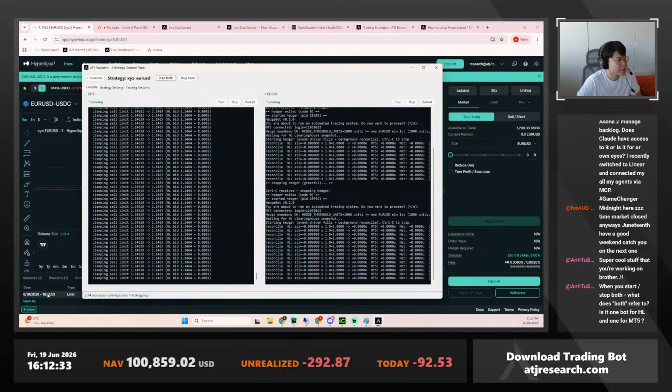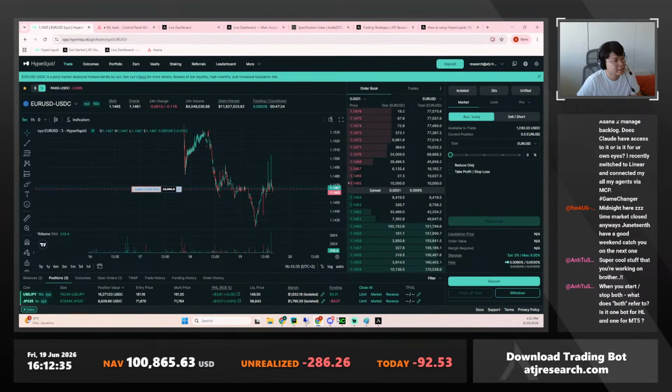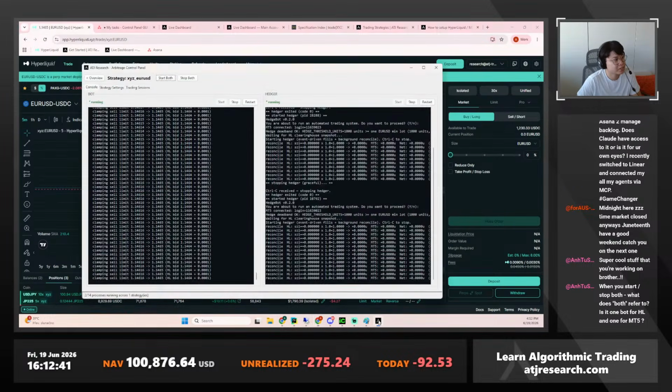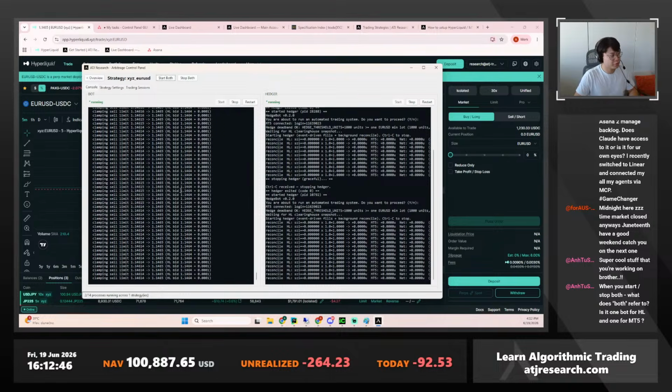When we have a position on Hyperliquid, it will send a trade to MT5 to hedge that trade. So we are running a delta neutral strategy where we have two bots doing separate things. Here we're doing signal processing and trading on Hyperliquid, and this one is just listening to trades on Hyperliquid and hedging that on MT5. So this is what bot means.